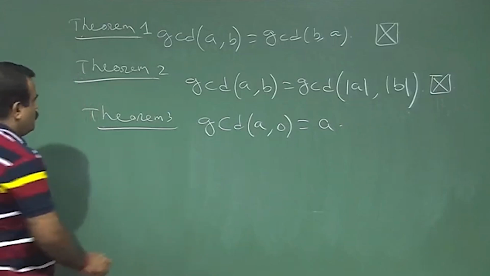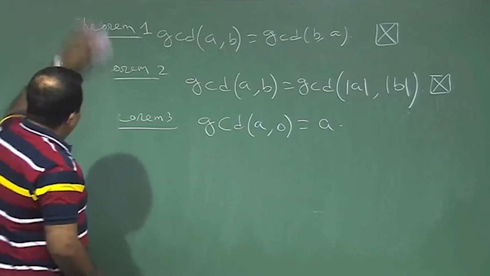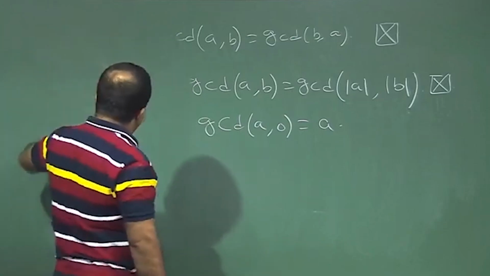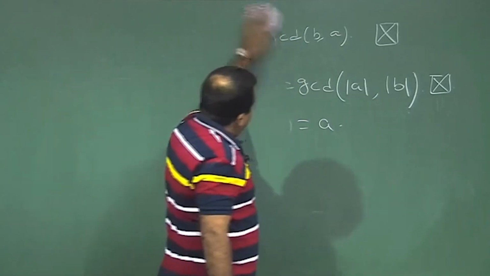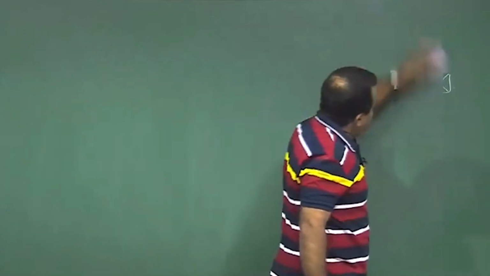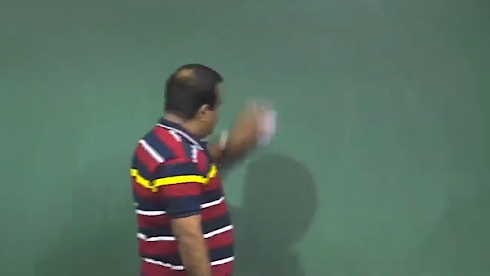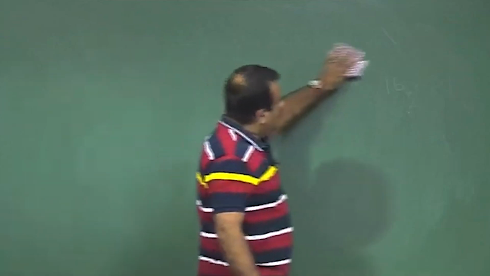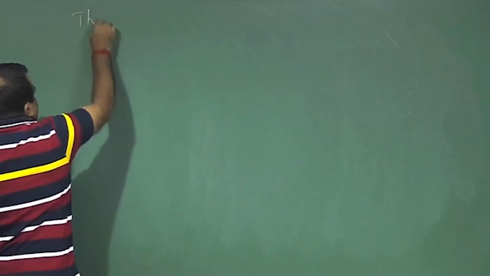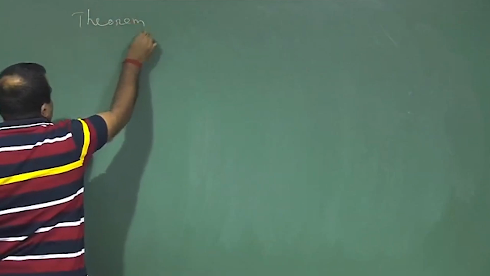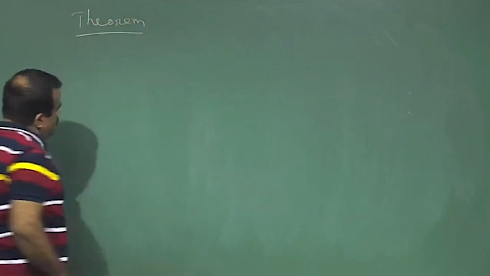Okay. And now we are going to prove a theorem which will give us the Euclid algorithm to find the greatest common divisor of two numbers A, B. So, the statement of this theorem is, maybe this is 4.